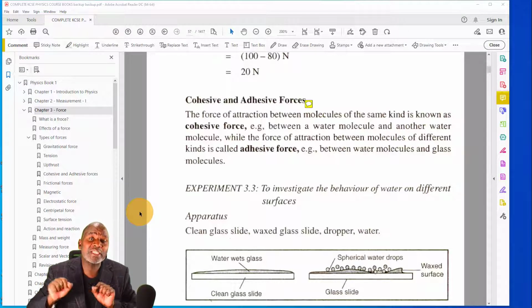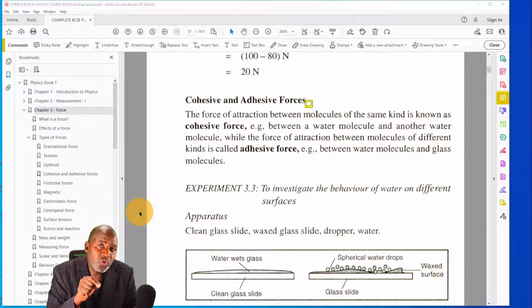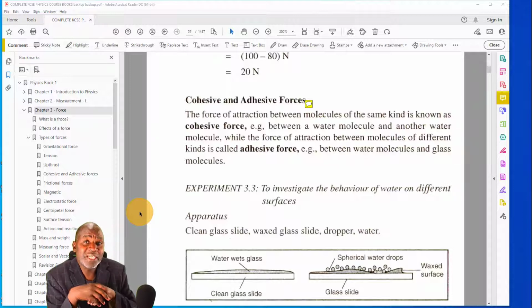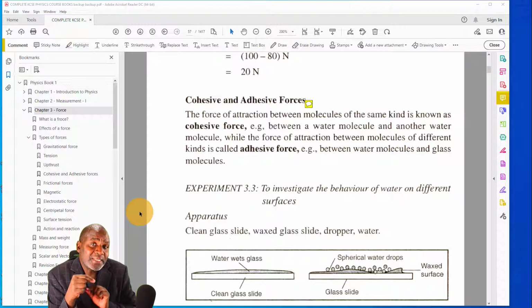And then you get a drop of water. You put a drop of water on each one of those surfaces. What are you likely to observe? You will observe that where the surface of the glass is clean, that water drop is going to spread. But where the surface of the glass is greased, it's dirty, the water is going to form droplets.